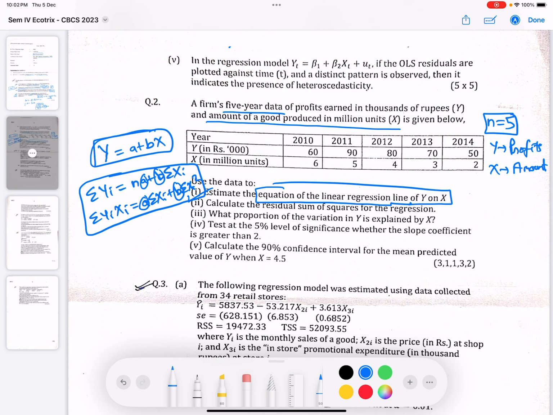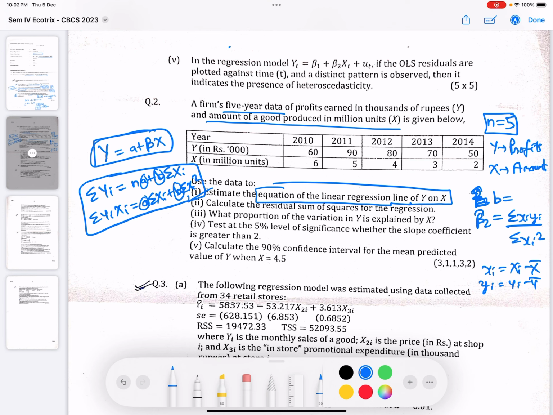Or else we can find the value of beta 2 hat, which is b. This can be written as summation xi yi upon summation xi square, where xi is xi minus x bar, similarly yi is yi minus y bar, and xi yi is the product of these. I hope this is clear.